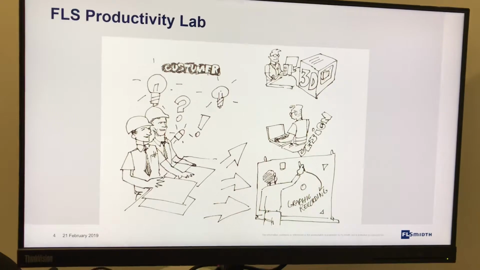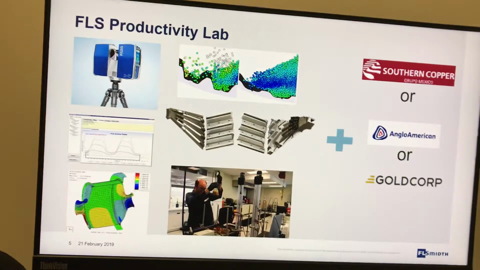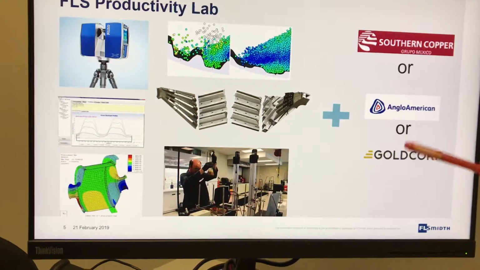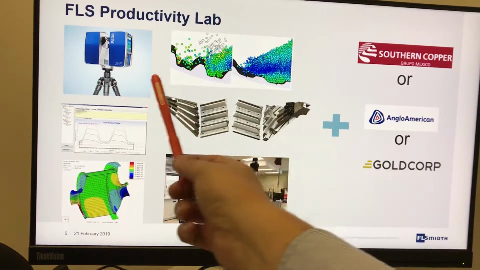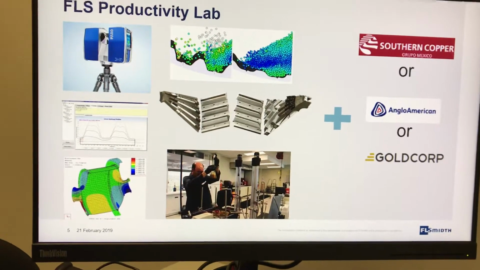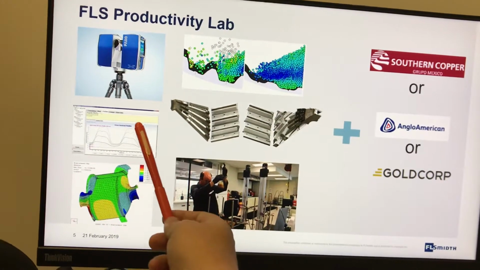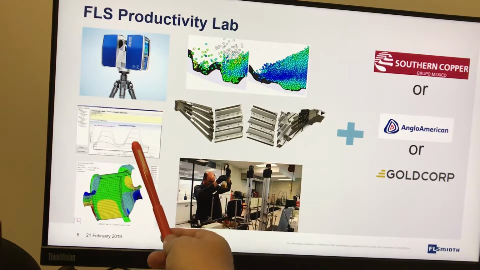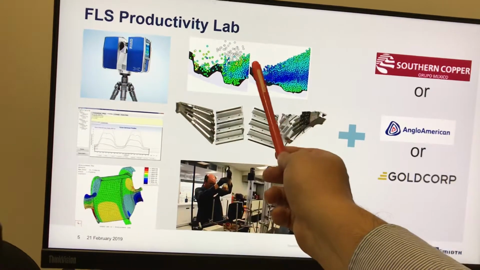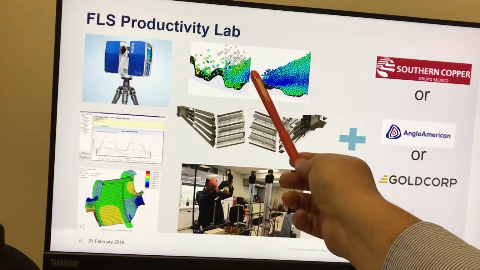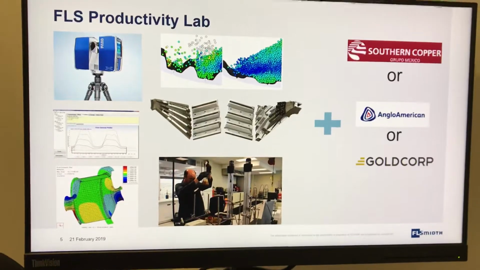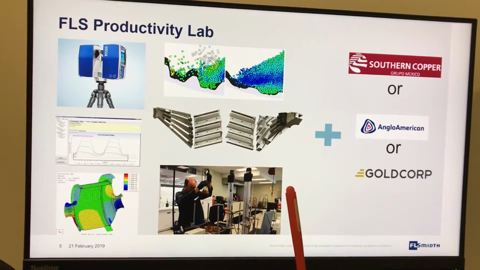The idea is to work with whatever customer, Southern Copper, Anglo American, Gold Corp, for example. Here we bring in our wear measurements from the 3D scanning. We might have the wear reports where you can see how the wear develops over the lifetime. We might have simulation tools that can show the customer the old design compared to a new design.